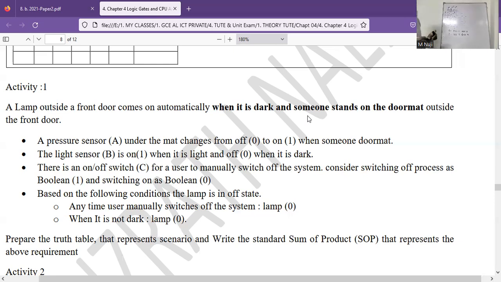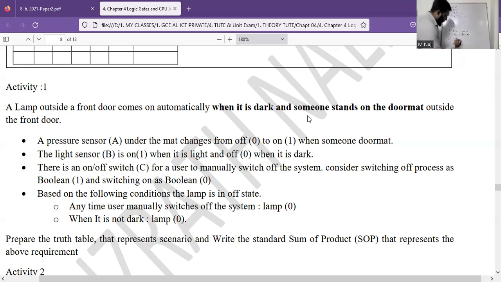Look at this carefully. There is an on-off switch C for a user to manually switch off the system. So C means switch. For a user to manually switch off the system, consider the switching off process. Here, switch off means 1.